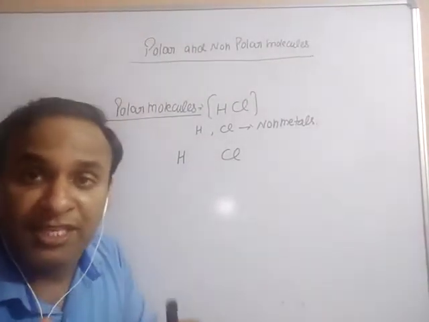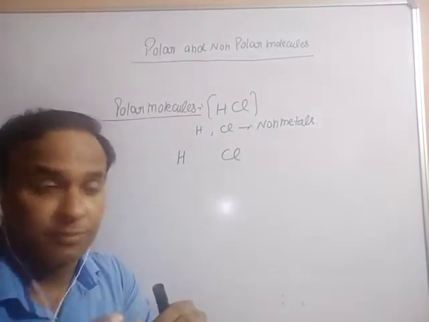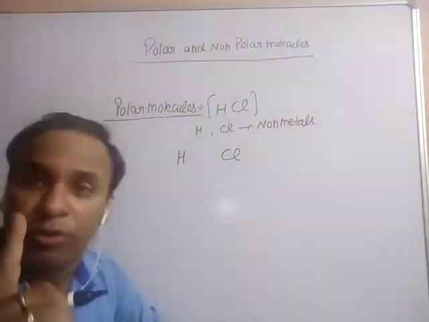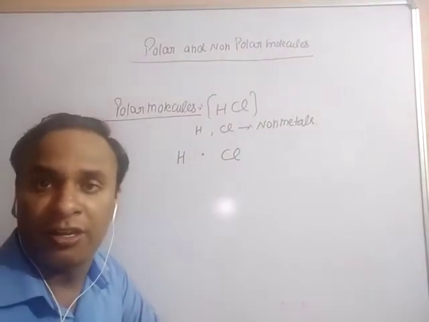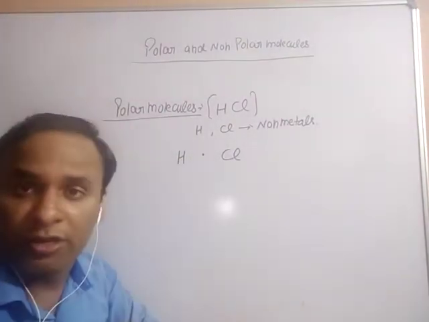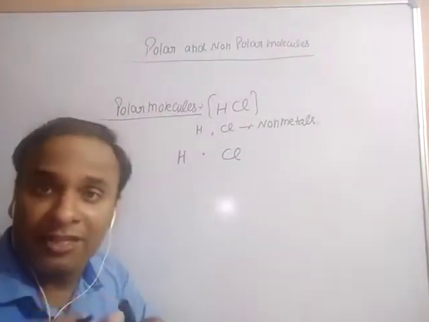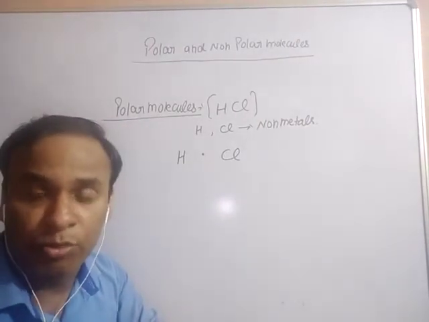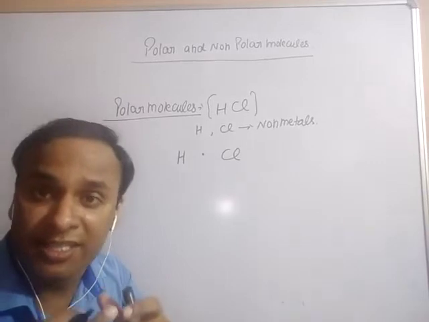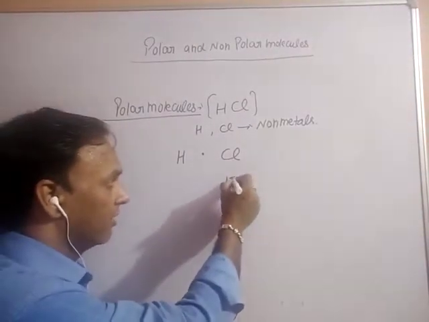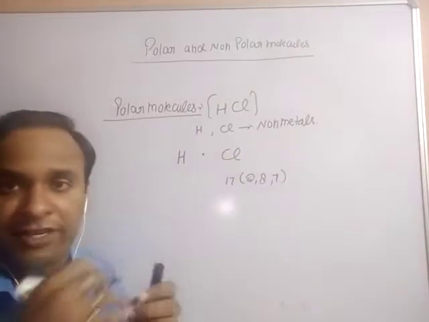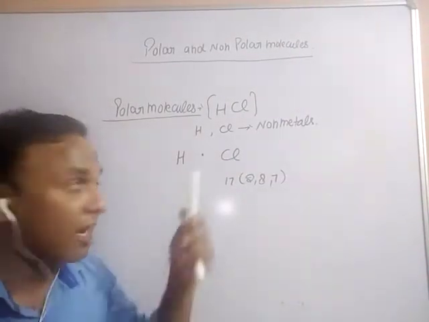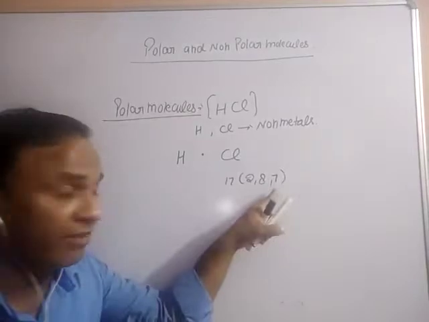Octet rule means accommodating 8 electrons. Hydrogen has only 1 electron in its outermost shell, which is represented by this dot, while chlorine has 7 electrons in its outermost shell because its atomic number is 17 and its configuration is 2, 8, 7. Clear? So its outermost electronic configuration is 7.